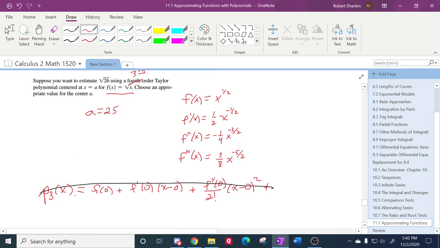Instead, we do p3 of x centered at something close to it where we know the value of it, 25.